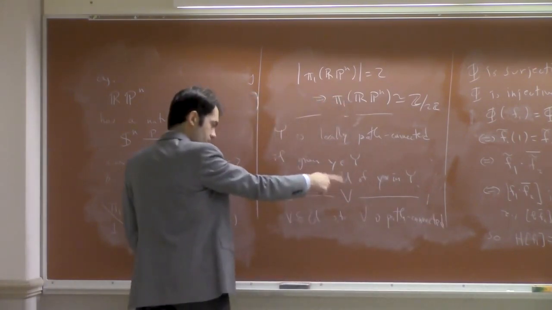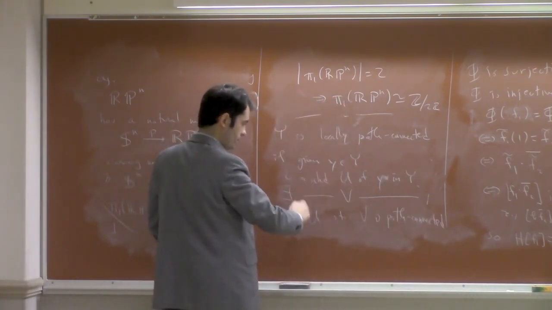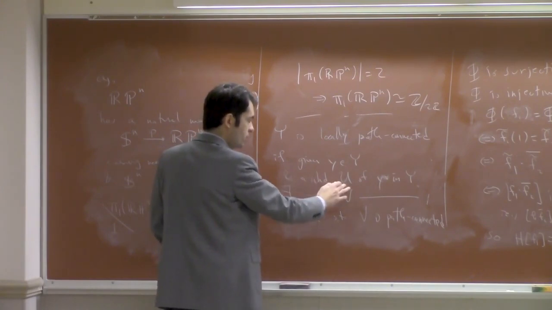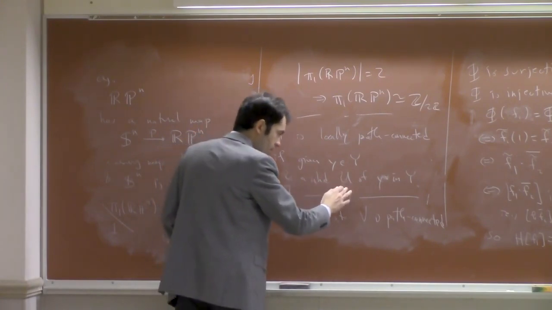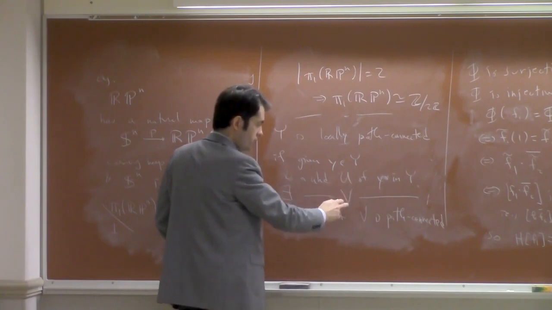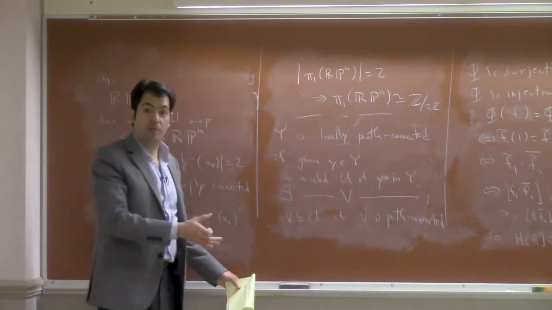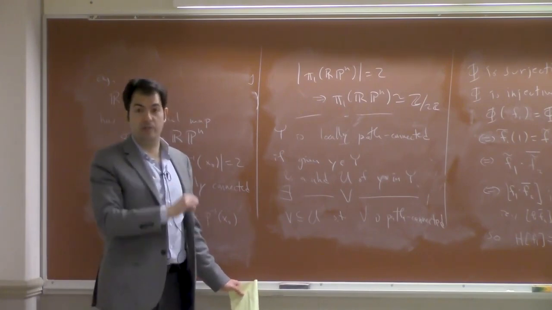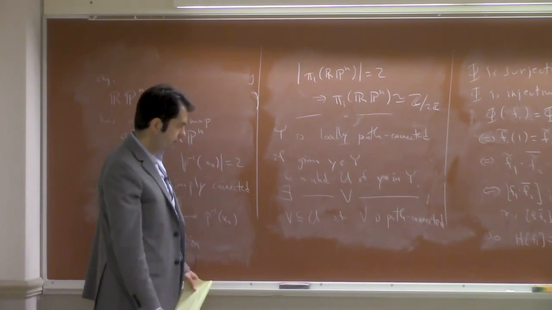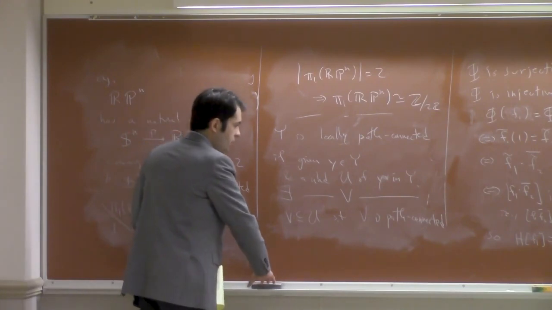This requirement, that given a U there is a V inside it that is path connected, is how we make sense of arbitrarily small neighborhoods. So that's what we mean by locally path connected.